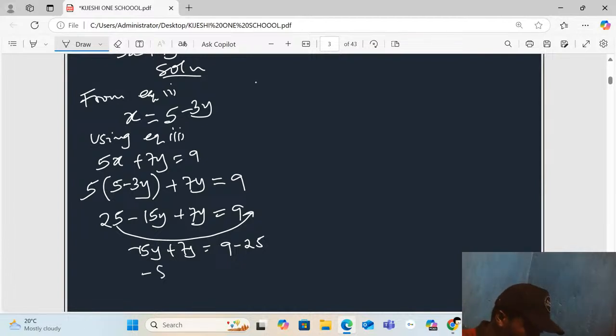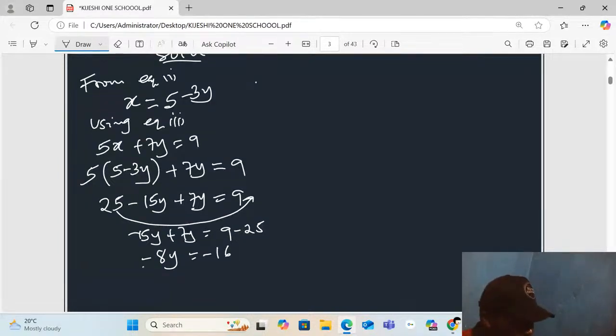So we shall have negative 8y equals 9 minus 25, and we get negative 16. Now divide both sides by negative 8. So this one cancels.